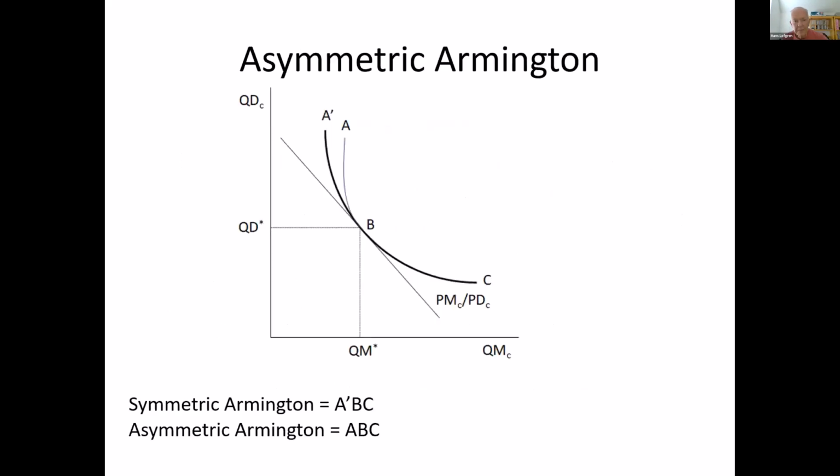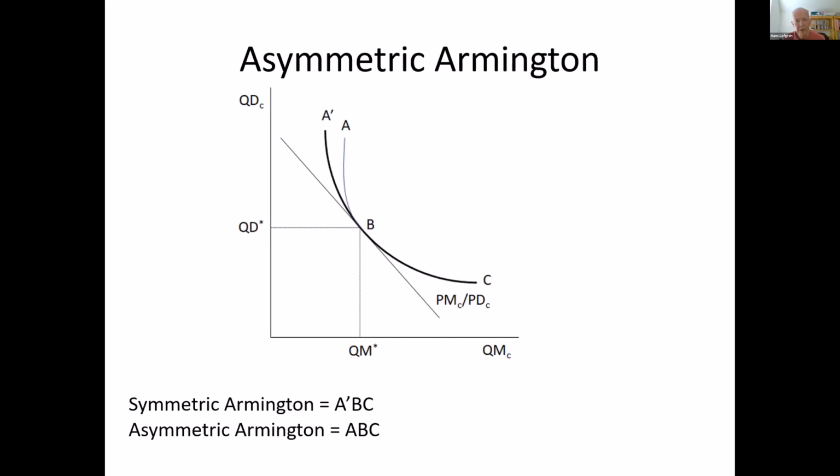The familiar Armington indifference curve is shown here. The thick bold line A prime BC shows the symmetric case, and ABC shows the asymmetric case.